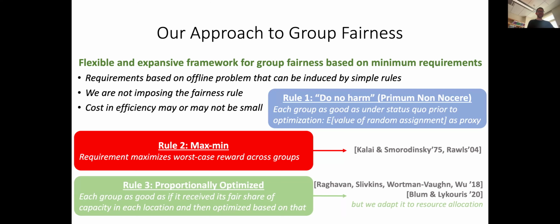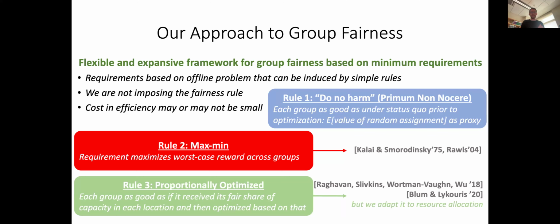And we optimally assign based on this proportional share of the capacity. But that is not the assignment that we use. Instead, we use that value as the minimum requirement for that group. So this is just 3 possible rules that you could think of that are at least somewhat reasonably motivated as fairness constraints that a policymaker could choose.